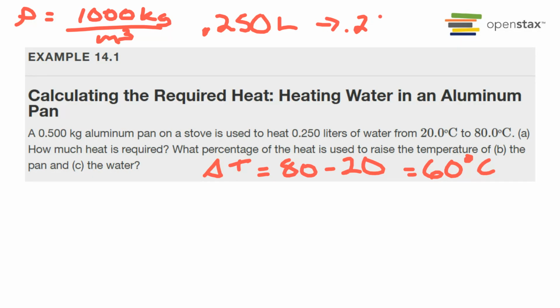So now we've figured out the mass. If you have 1/4 of a liter, then you have 1/4 of a kilogram, right?